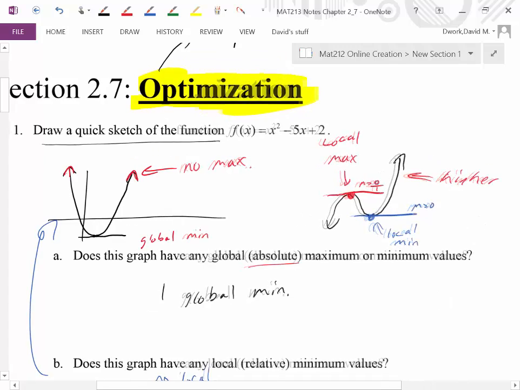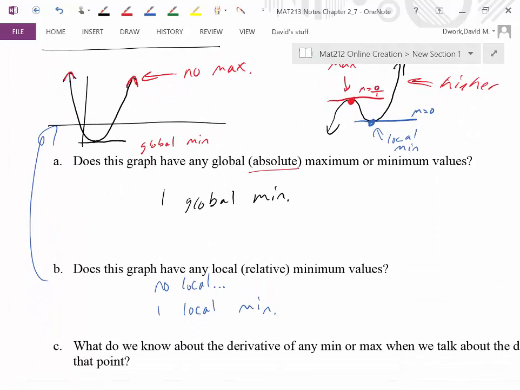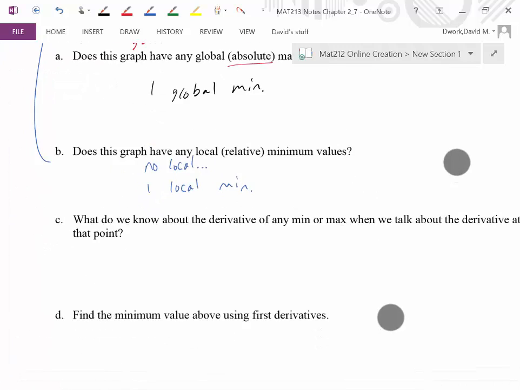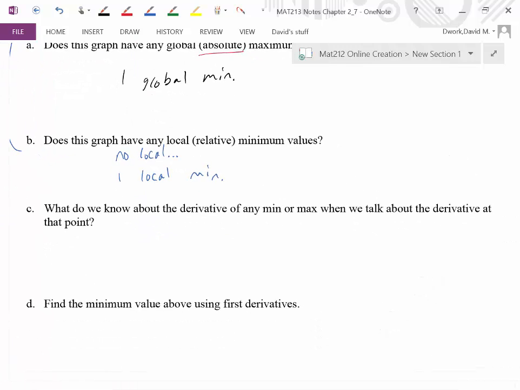So what we can do is forget all these rules we've ever learned about finding mins and maxes and using your calculator to find mins and maxes. We're done with that. We can now use calculus, because what we know is the derivative of any max or min means the slope, or the dy dx, the derivative, should be equal to 0.